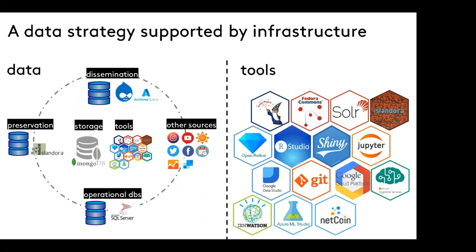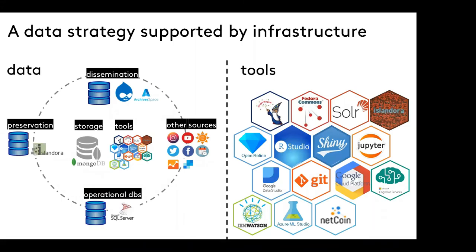Okay, so you can see that these are all the different data systems that we have, but in the middle we have the analytical heart. So we keep a copy of a lot of the data that is around that circle in that MongoDB storage, so that it's all stored there and it's available for our curatorial and analytical tools.